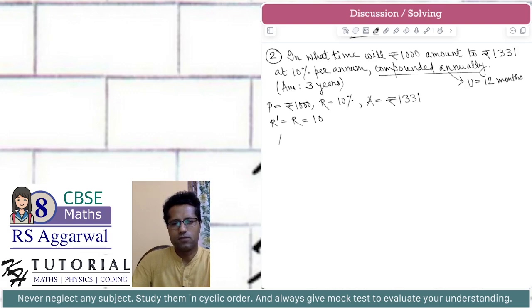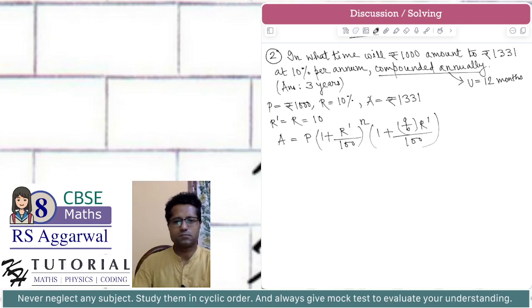So we have the formula A is equal to P multiplied by 1 plus R dash divided by 100, to the power of N. This is the general formula.